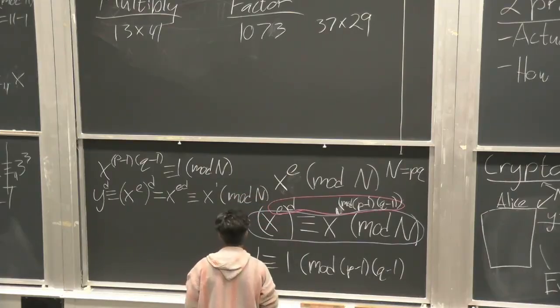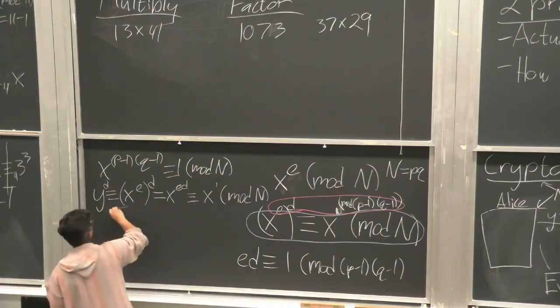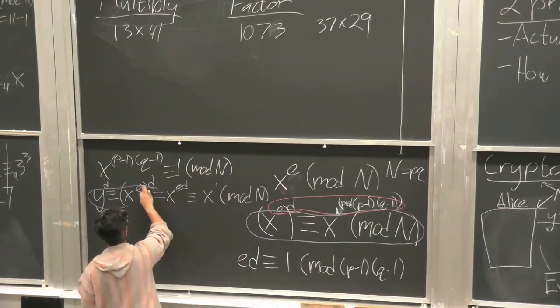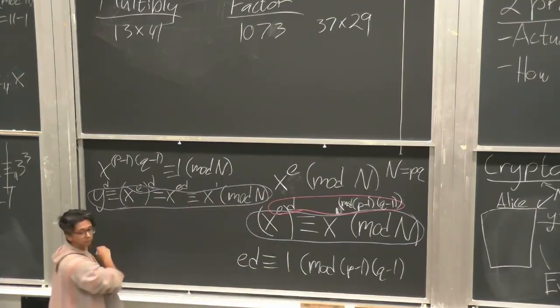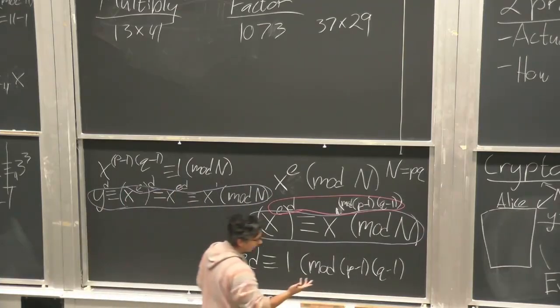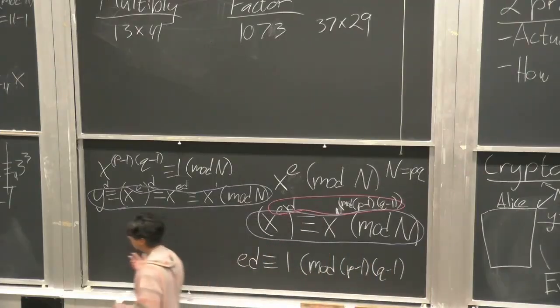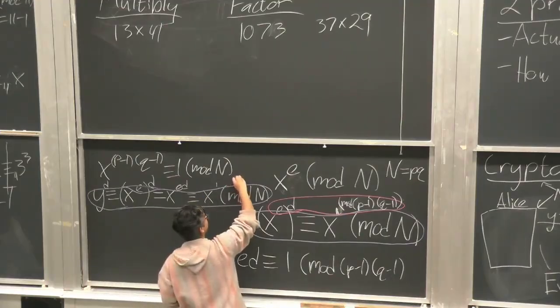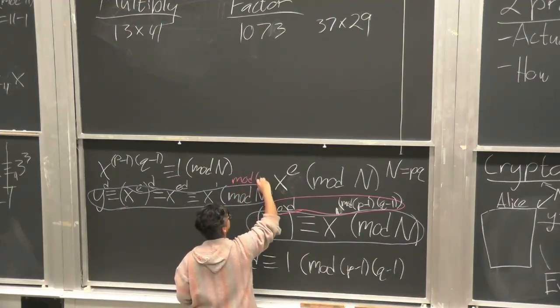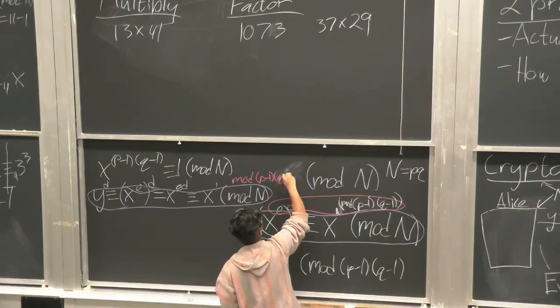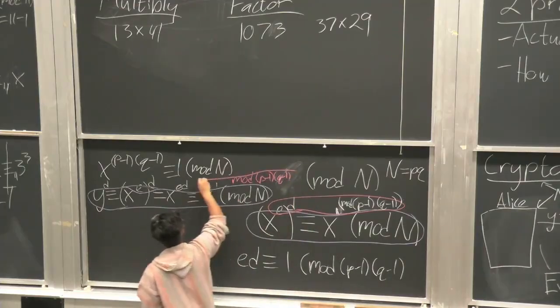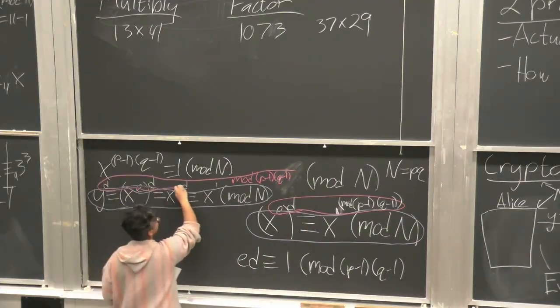And the reason that works is, once again, because down below we're working mod n, and up above we are working mod p minus 1, q minus 1. That's what's happening up in exponent land here.